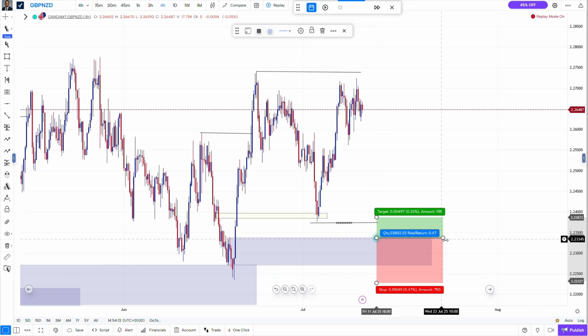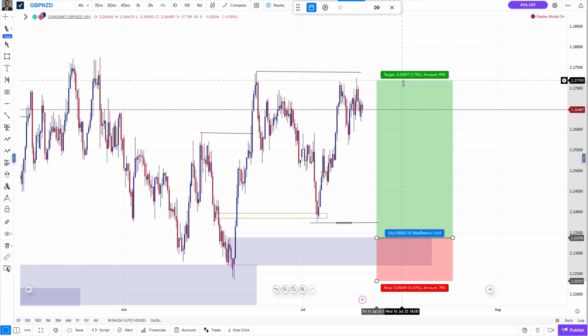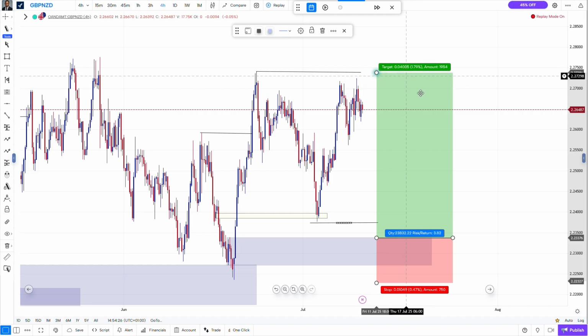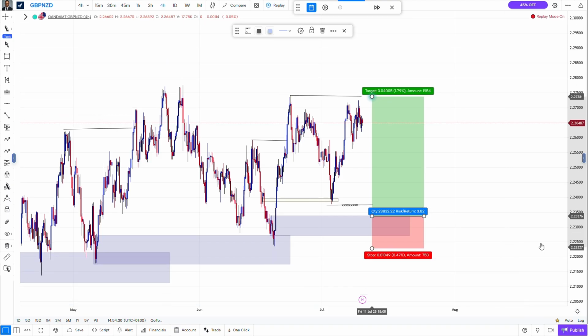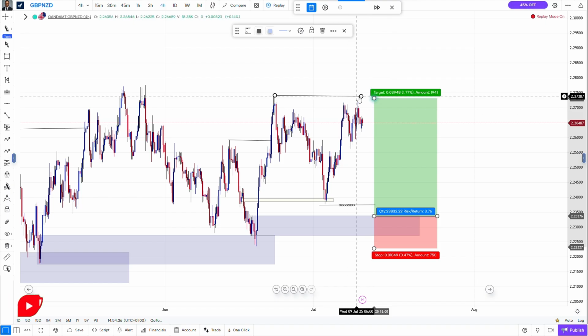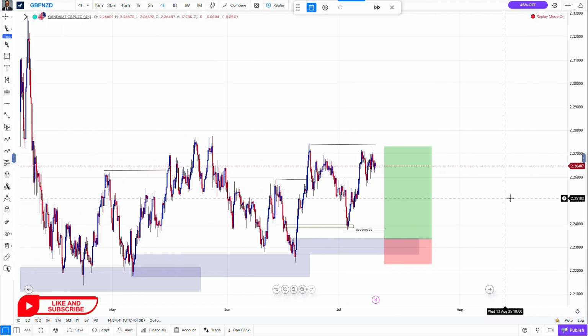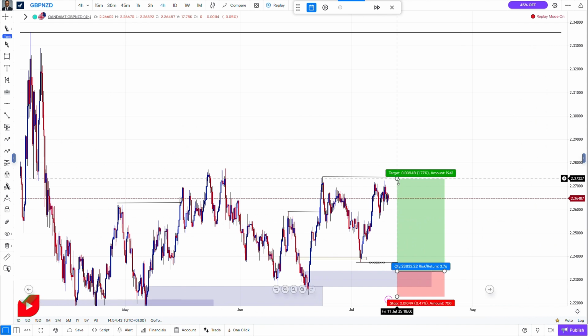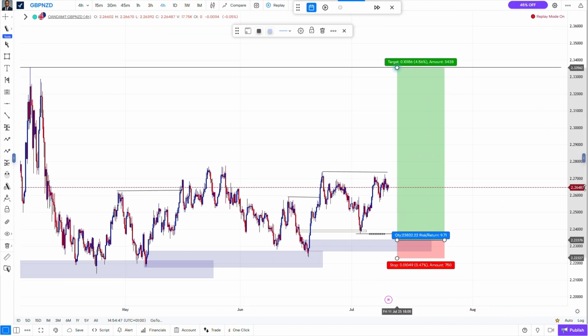And don't forget, I don't place limit orders. I just place these orders on TradingView and then set an alarm. All right, so that's what I did. Enter there, and then of course if we are breaking this high, we are going to target this other high right here, right?